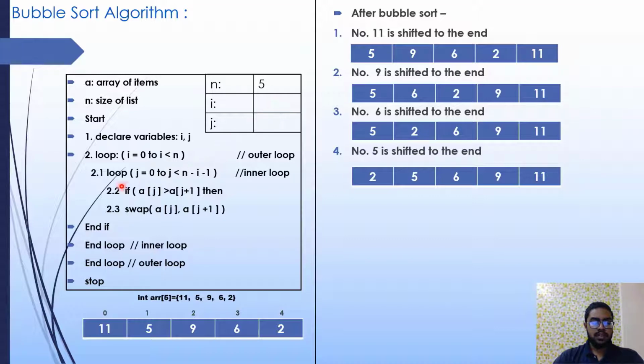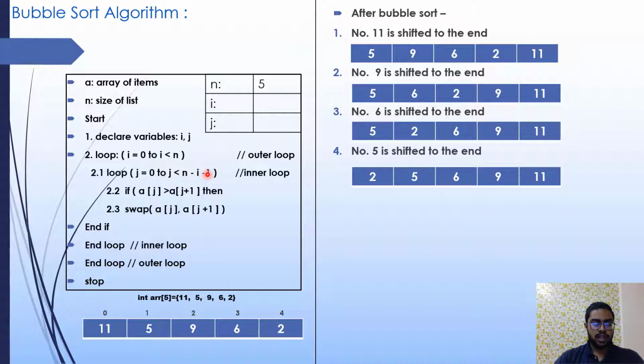Then coming inside, we will go to step number 2.1. It is immediately a second loop where we declare j equal to 0 to j less than n minus I minus 1. This condition is very important to understand, and it will be more clear when we start the dry running process.